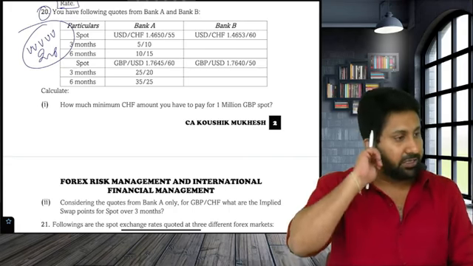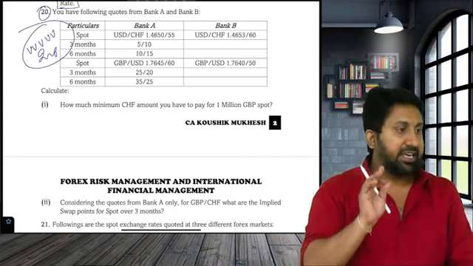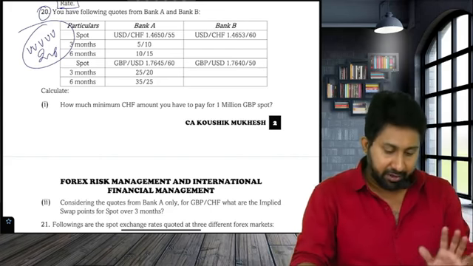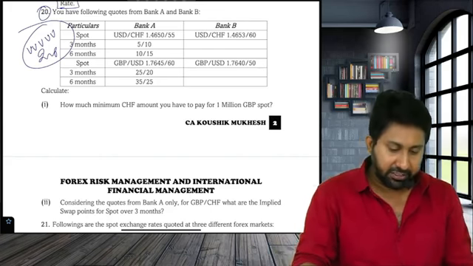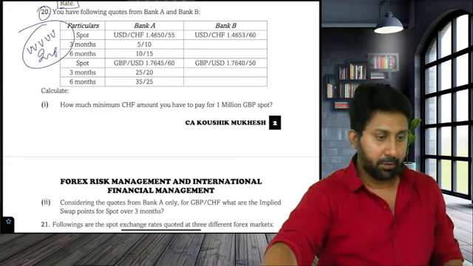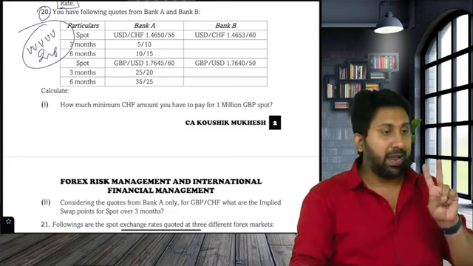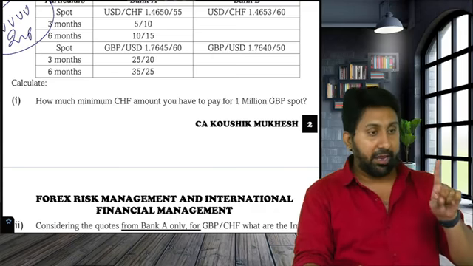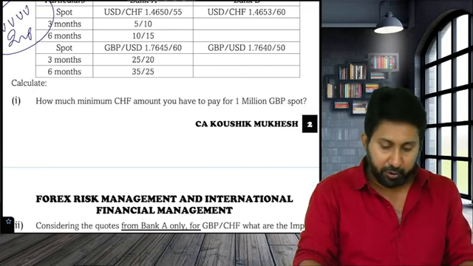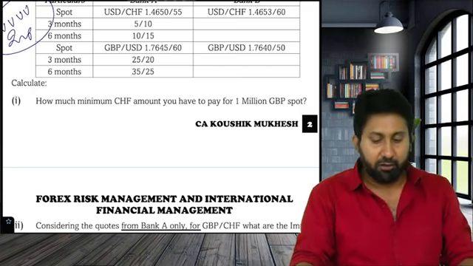How much minimum CHF amount you have to pay for 1 million GBP spot? Two banks are given in the question, and what he is asking is which is more beneficial. Okay, how much minimum CHF amount you have to pay for 1 million GBP spot?